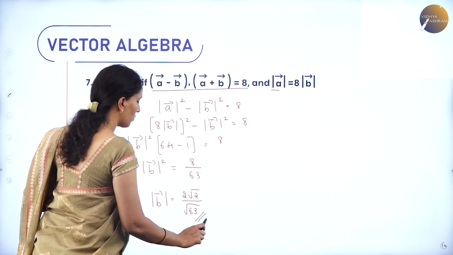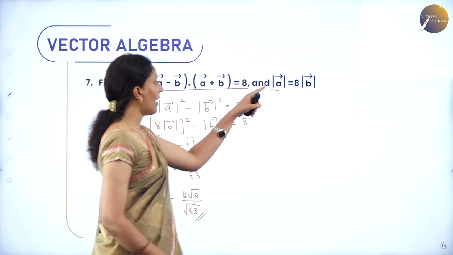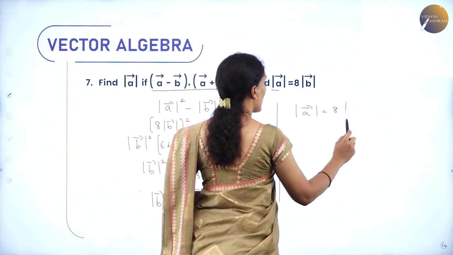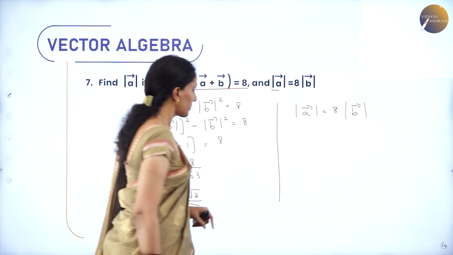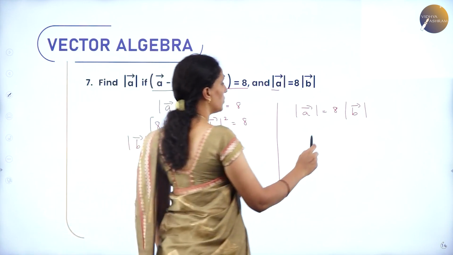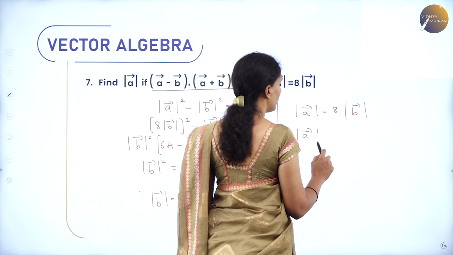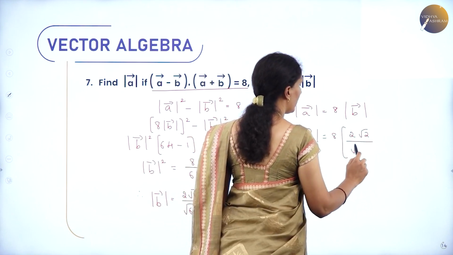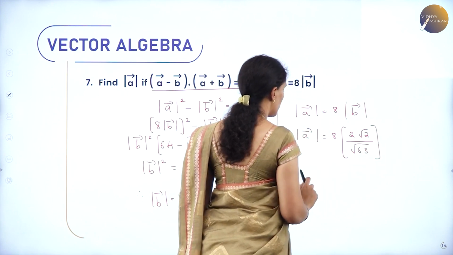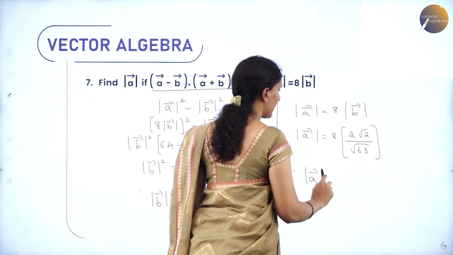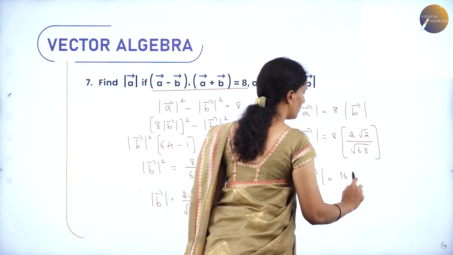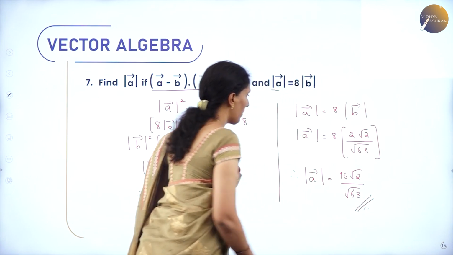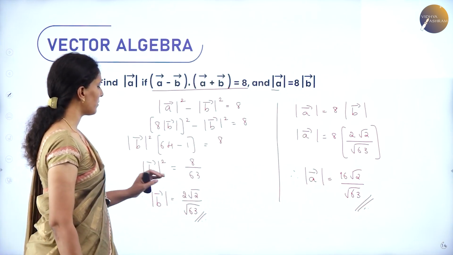So this is magnitude of vector B. Now we have magnitude of vector A as 8 times magnitude of vector B. So this is now 8 into 2 root 2 divided by root 63. Therefore, magnitude of vector A is 16 root 2 divided by root 63. So this is the magnitude of vector A and vector B.